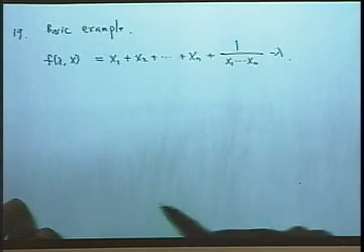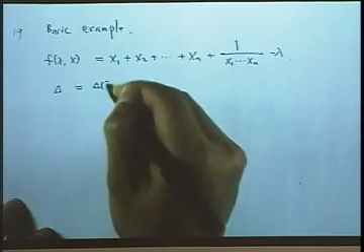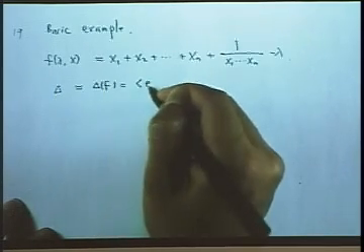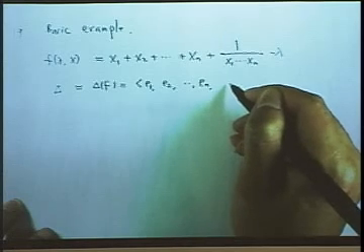So its delta will be just the convex closure of these lattice points, these vertices, the unit coordinate vectors.